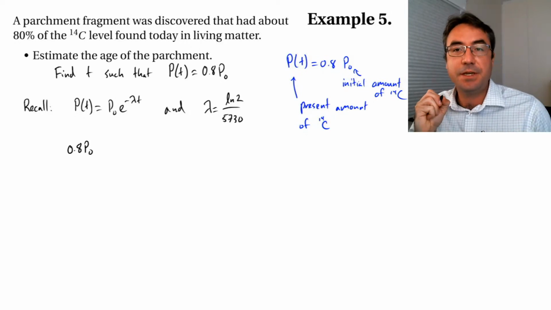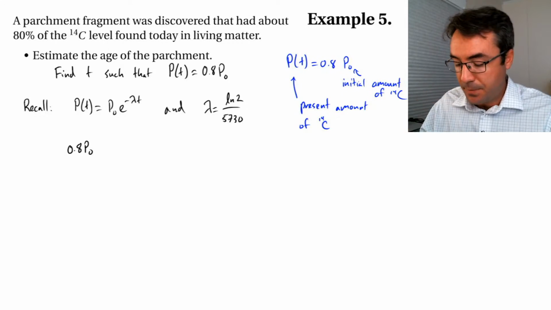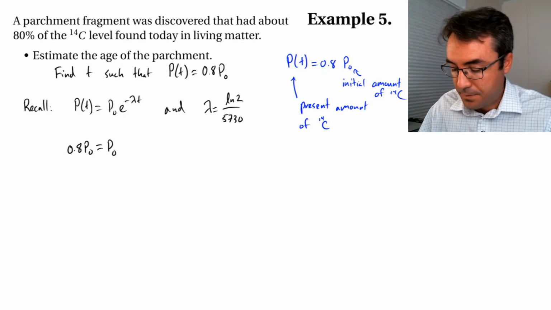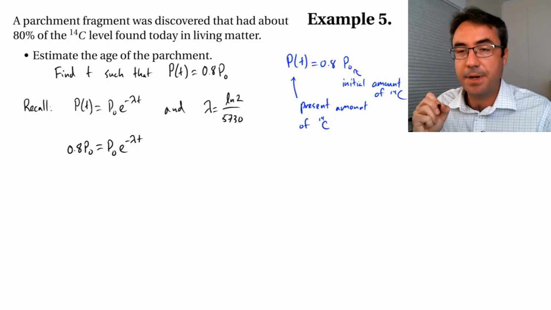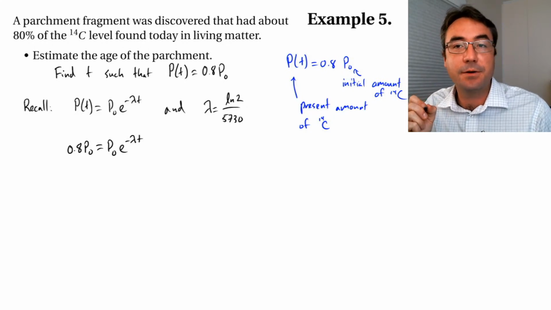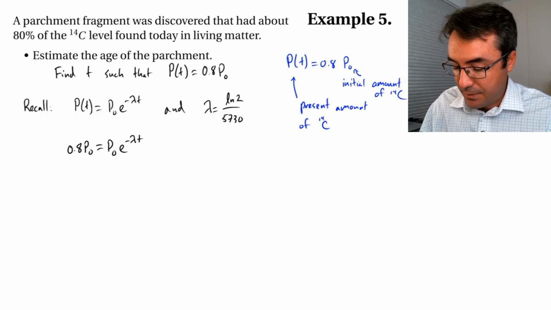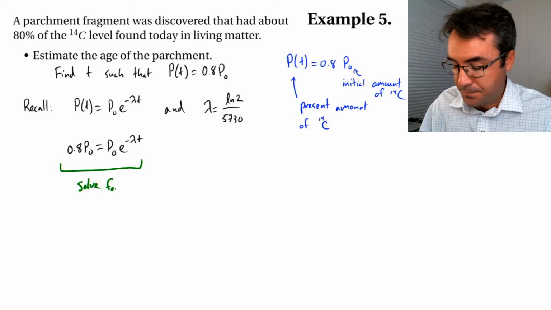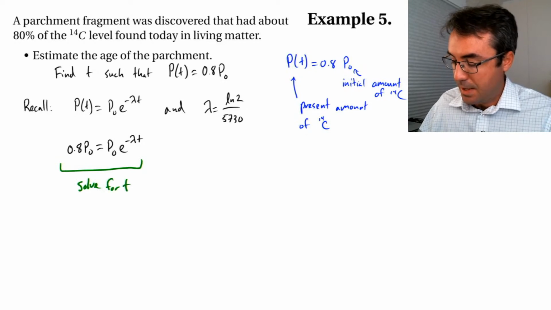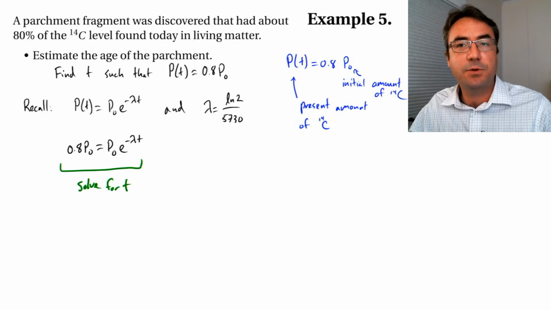So we know P of t is 0.8 times P0, and then it's also our exponential decay formula here. So we set those two equal, and then this gives us an equation that we can then solve for t. And so very similar process to what we've seen.